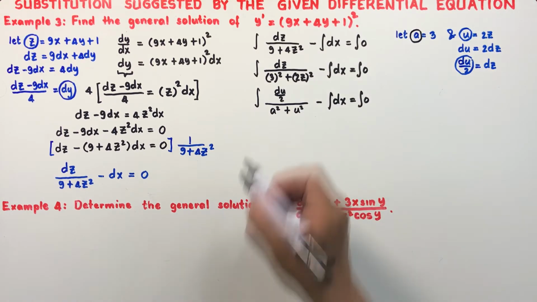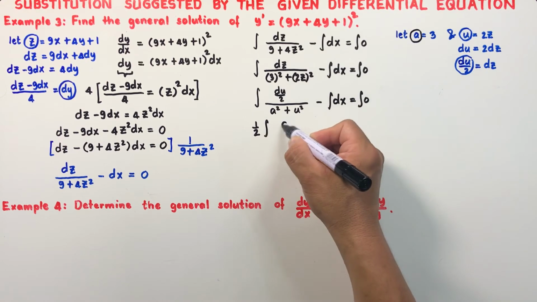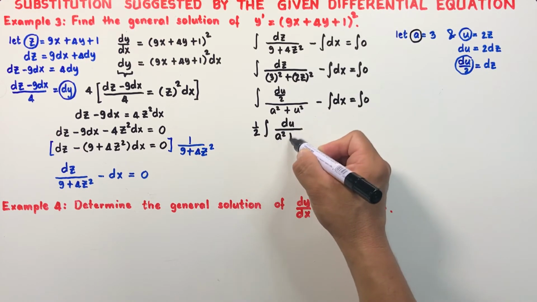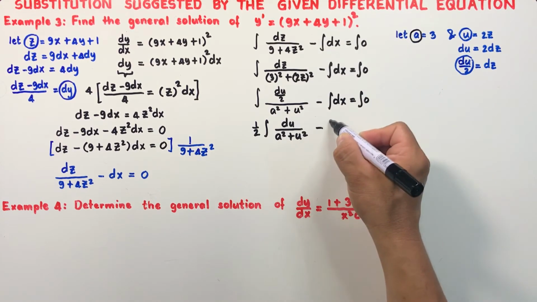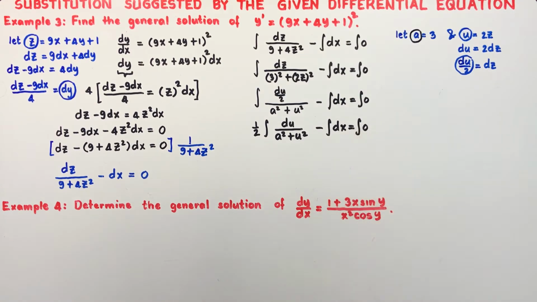So factoring outside the integral symbol, we have 1/2 times the integral of du over a squared plus u squared minus the integral of dx, which is equal to the integral of 0.